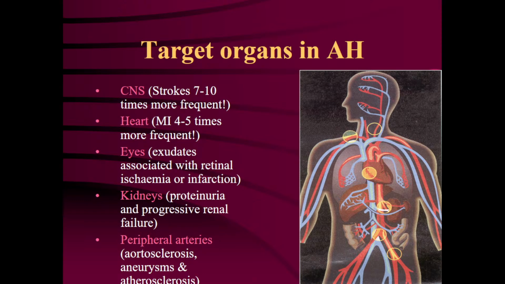Kidneys are affected, with proteinuria and progressive renal failure that leads to chronic renal failure, and such patients also need treatment such as hemodialysis, peritoneal dialysis, transplantation of the kidney, and it can also become a cause of the death of the patient. And peripheral arteries can also be affected because of aortosclerosis, aneurysms, and of course atherosclerosis occurs more frequently in patients with arterial hypertension.